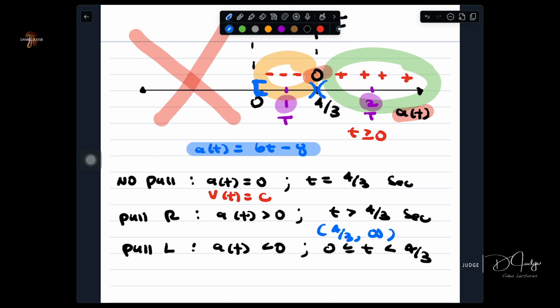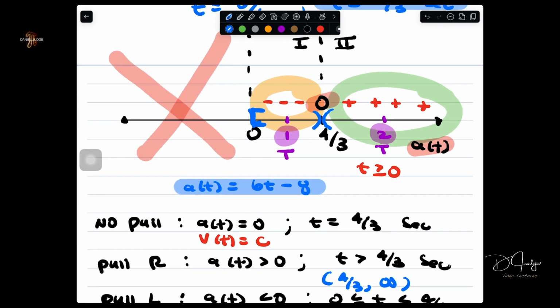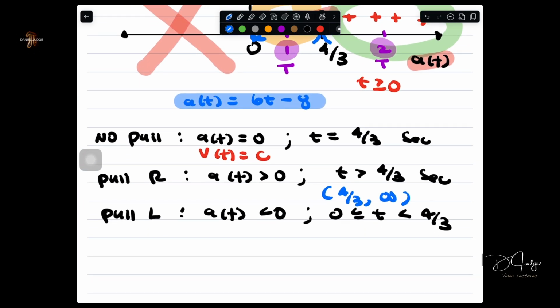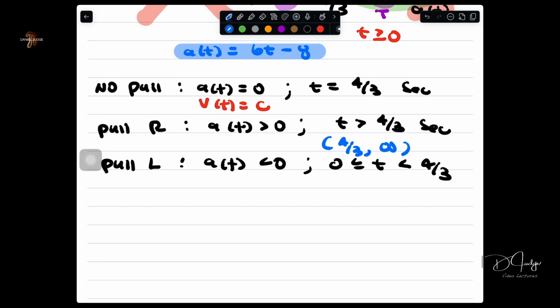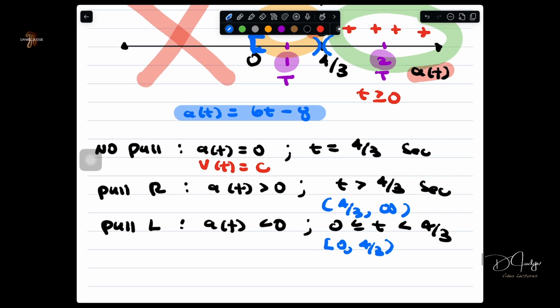And you say, why? Well, you don't have a 0 above 0. It's only above 4/3, so that means it's negative. Okay. In terms of interval notation, you have a closed bracket around 0 and an open bracket around 4/3.